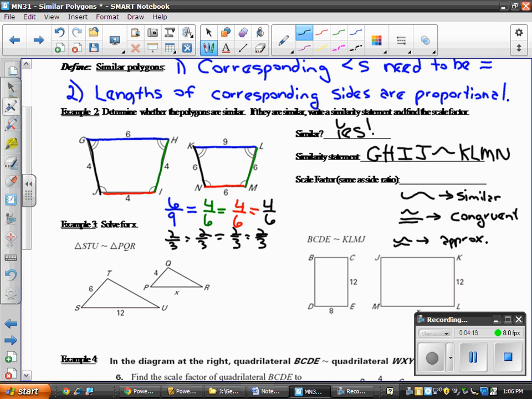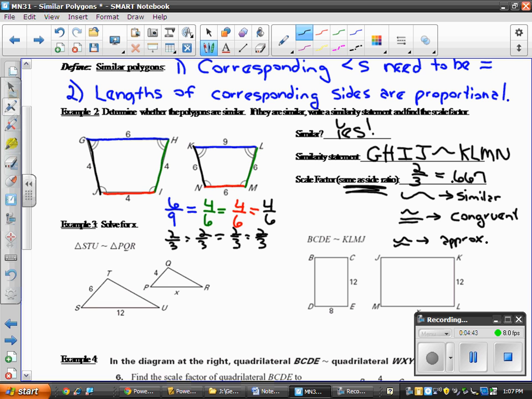And the scale factor, as I put a little note here, is the same as the side ratio, which is 2/3. You can write it as a fraction or a decimal. Be careful, though, when you write it as a decimal, it is going to cause rounding errors if you use that decimal approximation.